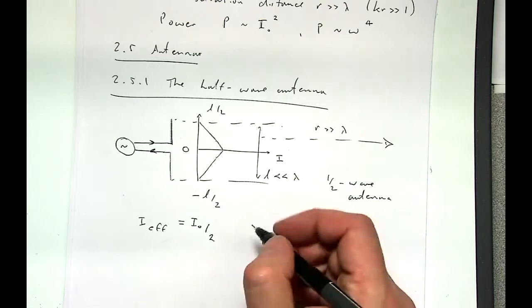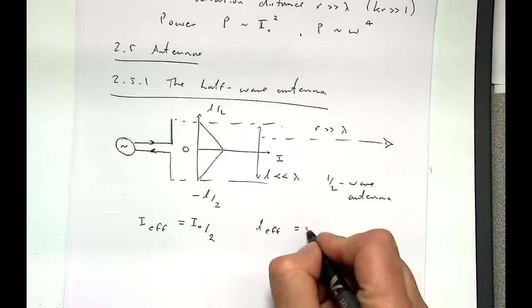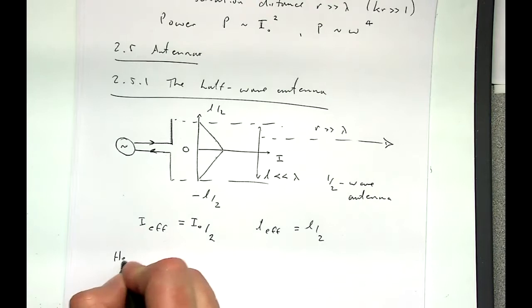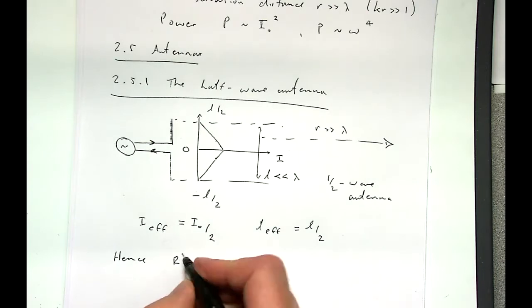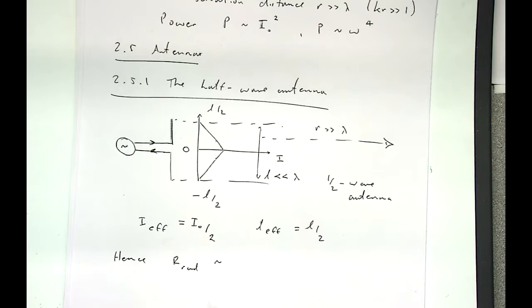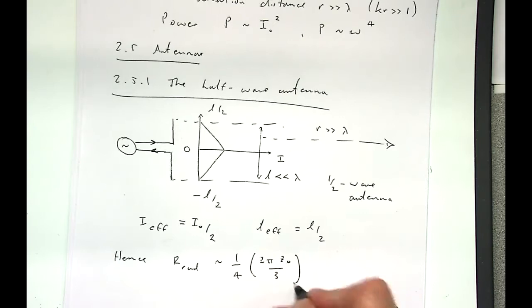And to go with that, the effective length of the antenna, L_eff, we can describe as being L over 2. Okay? Now when we write it down like that, we can see that the radiation resistance is different. A Hertzian dipole has a particular radiation resistance, but a real half-wave antenna in our simple picture must be something like a quarter of that, right? 2 pi Z0 over 3.